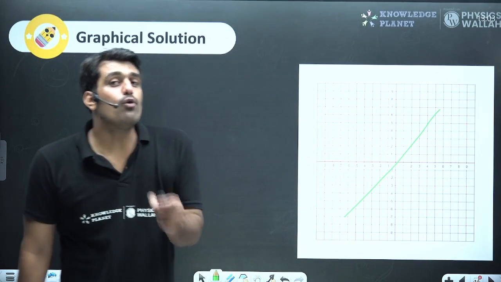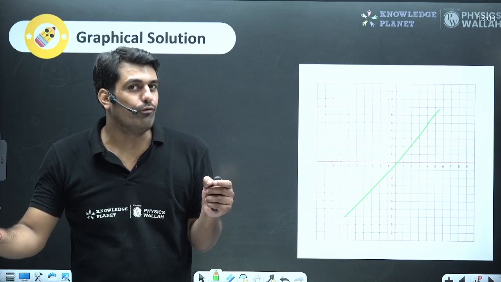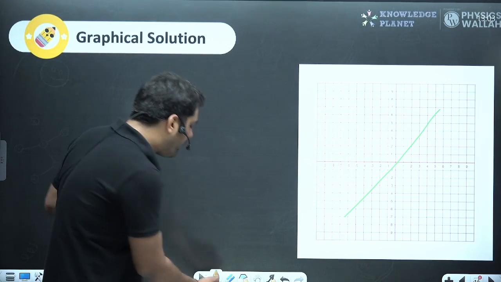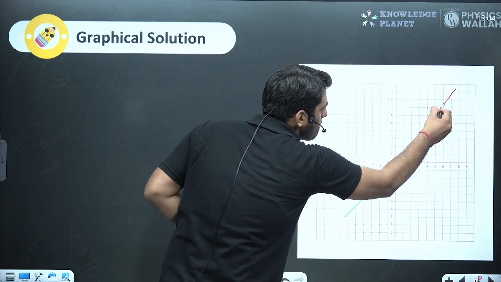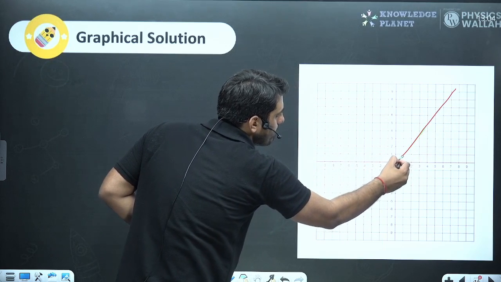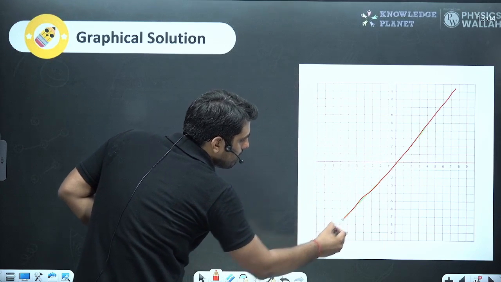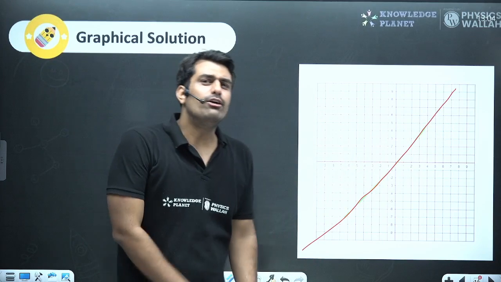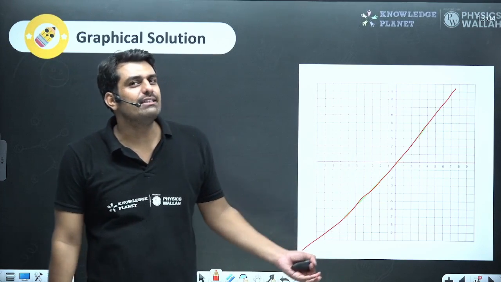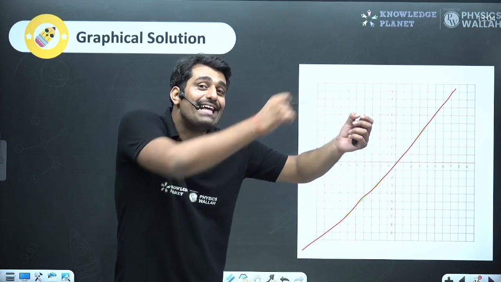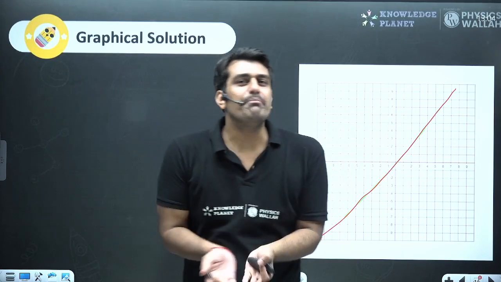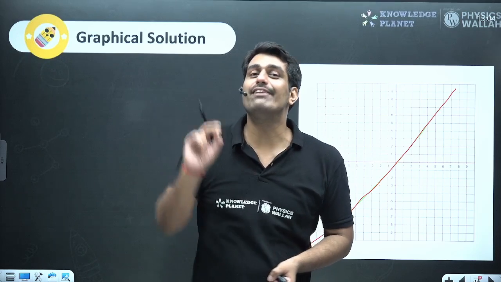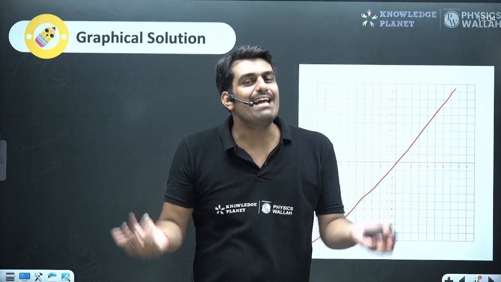Now, when you go for the plotting of the second equation, you will realize... what did you do, sir? You haven't drawn a new equation. You have simply just traced the previous one. But, yeah, that can be the third scenario. The two equations given to you are basically the same equation.